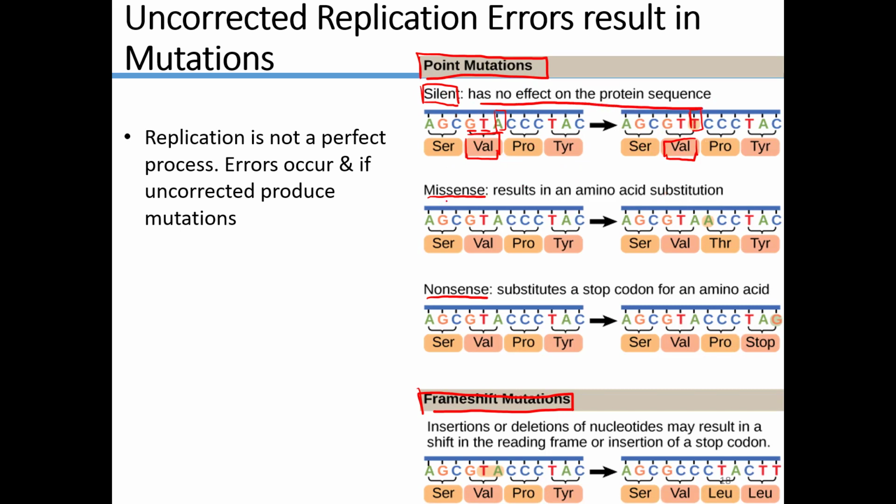The second type is a missense mutation, and it results in an amino acid substitution. Just like if you have a substitute teacher, it's a change in that specific thing. Looking over here, we're supposed to have SER, VAL, PRO, and TYR as our amino acids. But you can see that our PRO has now been substituted with THR.